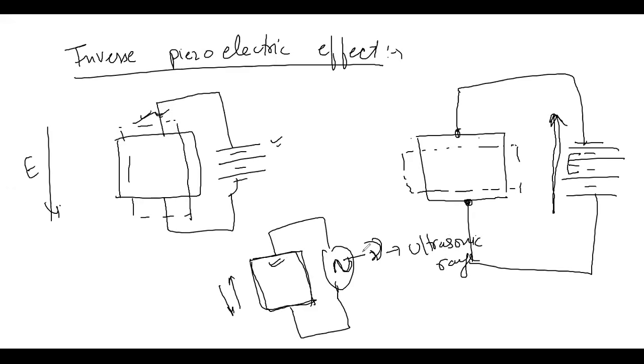If I can somehow manage to get the frequency of this alternating electric field that you are going to apply on this crystal in the ultrasonic range, so this crystal will start vibrating with ultrasonic frequency range. अगर ये क्रिस्टल अल्ट्रासोनिक फ्रीक्वेंसी रेंज के साथ वाइब्रेट करेगा तो इसके आसपास में जो एयर होगी वो भी उसी फ्रीक्वेंसी के साथ में वाइब्रेट करना स्टार्ट कर देगी, and you can generate ultrasonic waves using this principle.